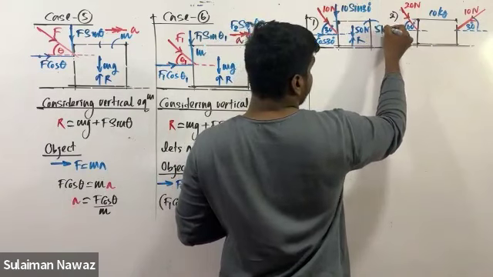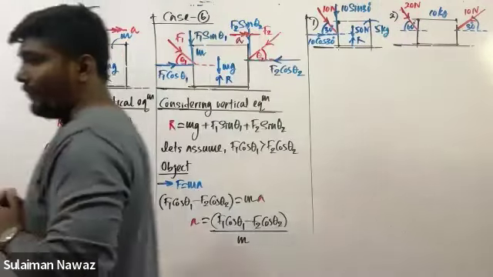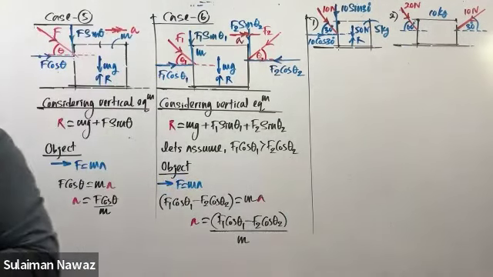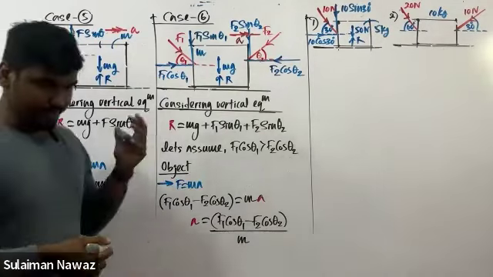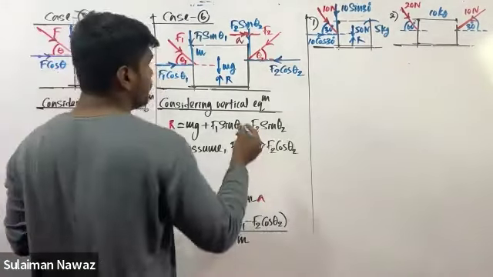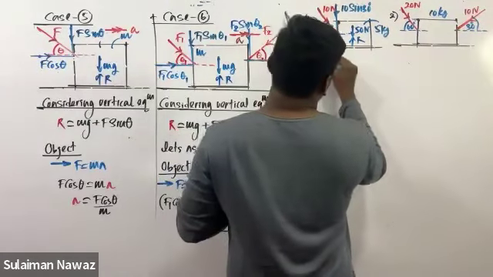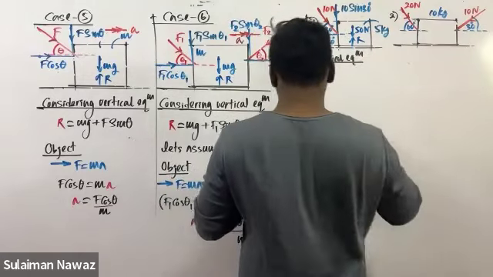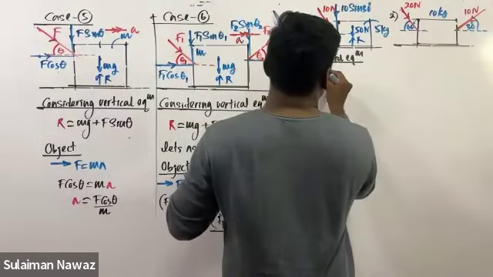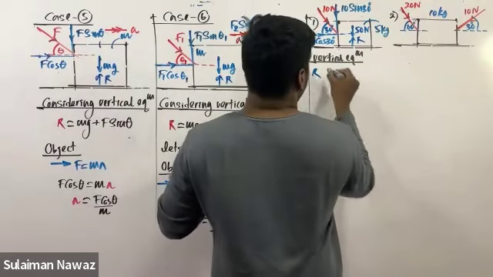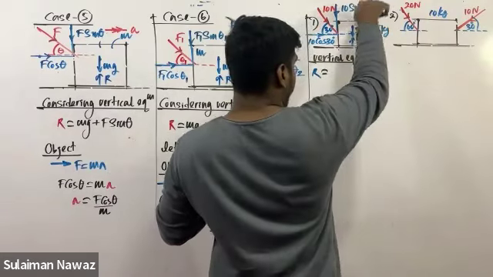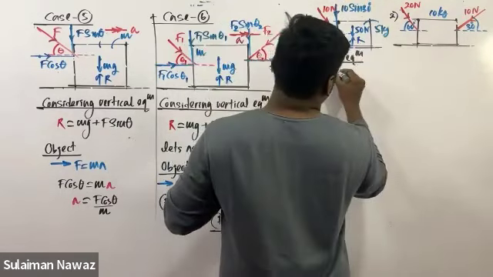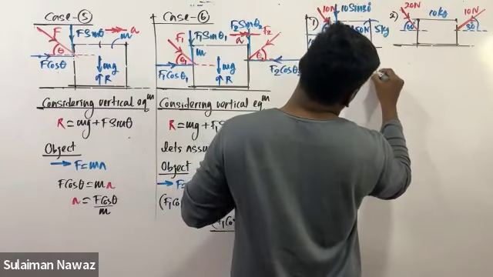Mass is 5 kilograms. Now, considering vertical equilibrium, capital R must equal the downward forces, 50 plus 10 sin 30.